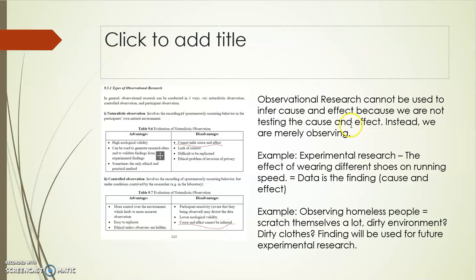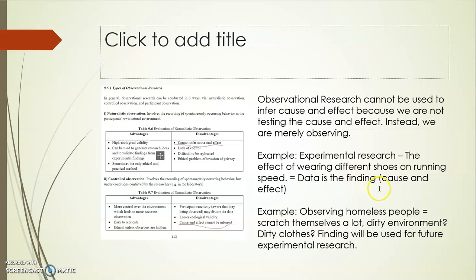For example, in the experimental research on the effect of wearing different shoes on running speed, we can see the cause and effect because we manipulate the cause, which is the independent variable, or to be exact, in this example, the different shoes that are worn, to the effect of running speed.